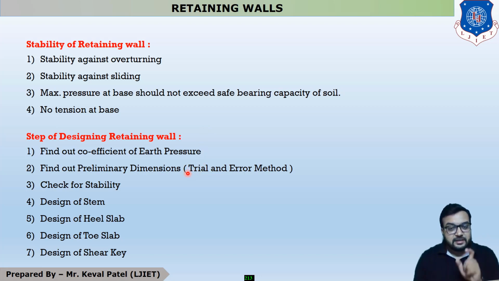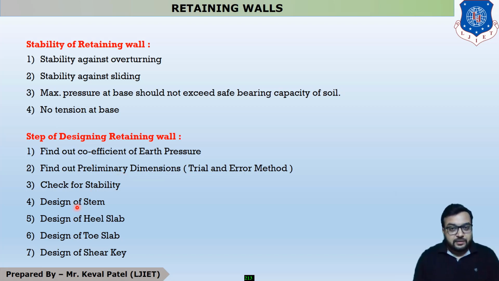Therefore, it is clearly mentioned that this is a trial and error method, and therefore it is called preliminary dimensions. If all the stability checks are passed, then these preliminary dimensions are called final dimensions.